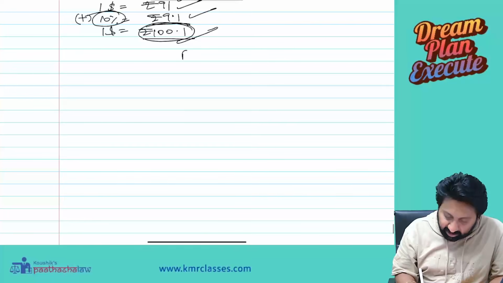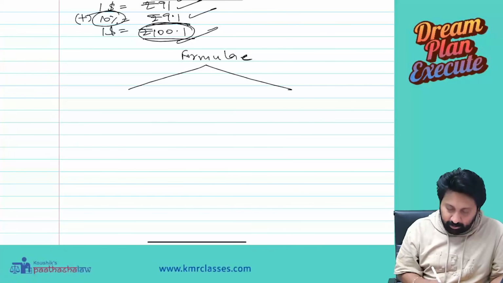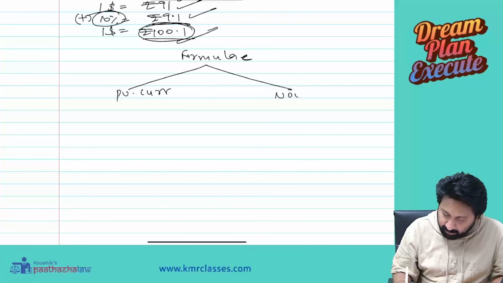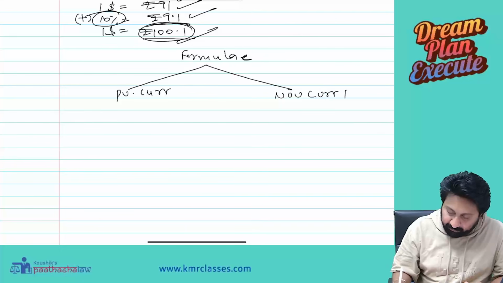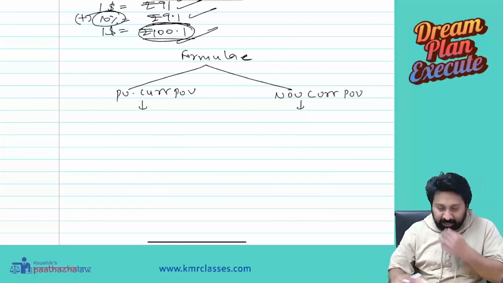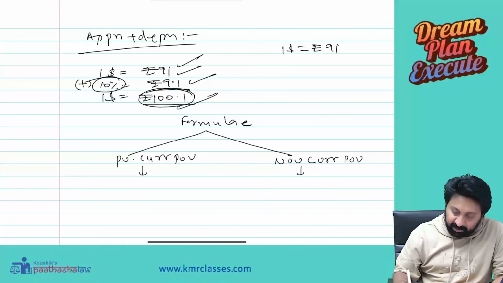For this, there are two formulae. One is from the per unit currency point of view, meaning the denominator currency. For example, $1 equal to rupees 91.